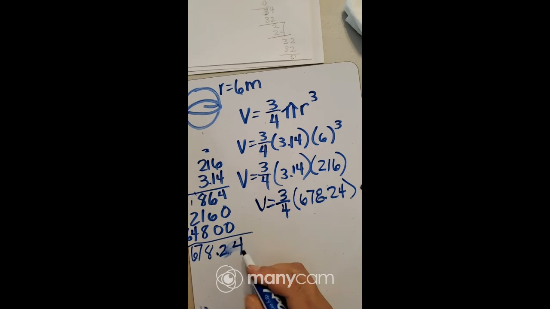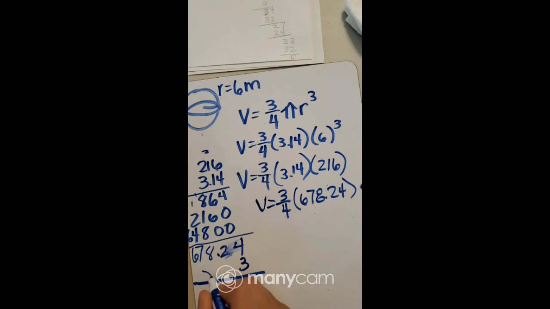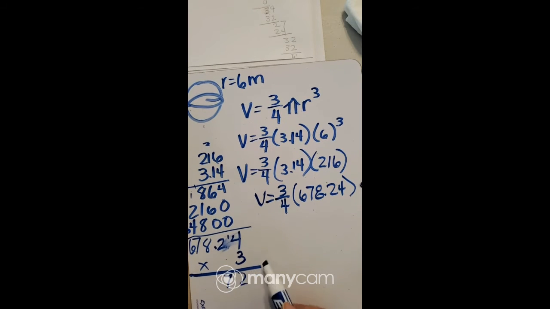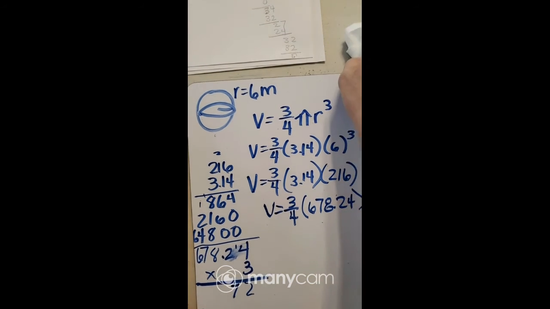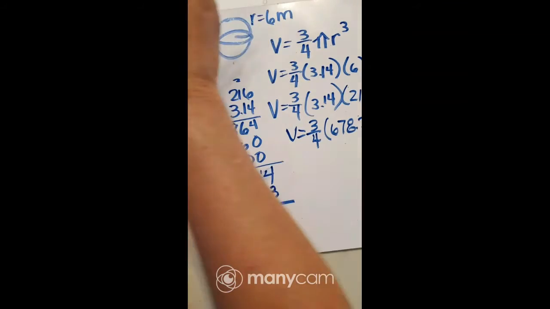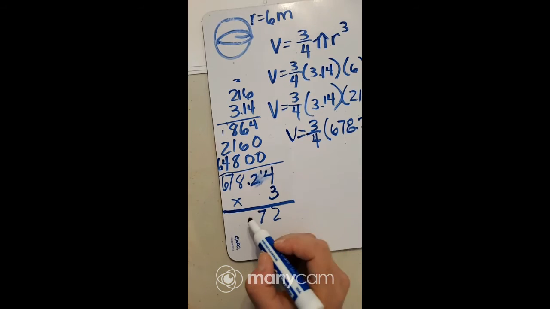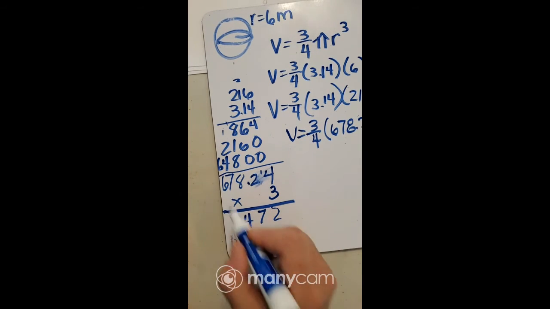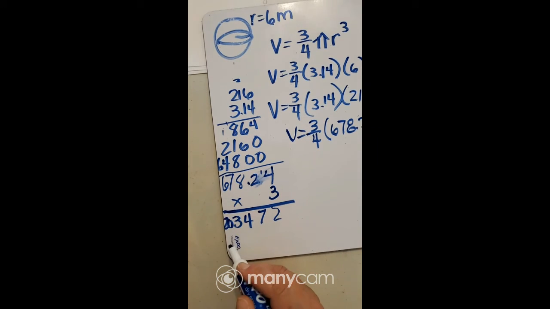So let's take this and multiply this by 3. 3 times 4 is 12. 3 times 2 is 6. 3 times 8 is, I always get in trouble when I do this on film because I mess it up. 3 times 8 is 24. 3 times 7 is 21, 22, 23. 3 times 6 is 18, 19, 20. Did that match what I got when I wasn't nervous? 2034.72. Yes, that is correct.